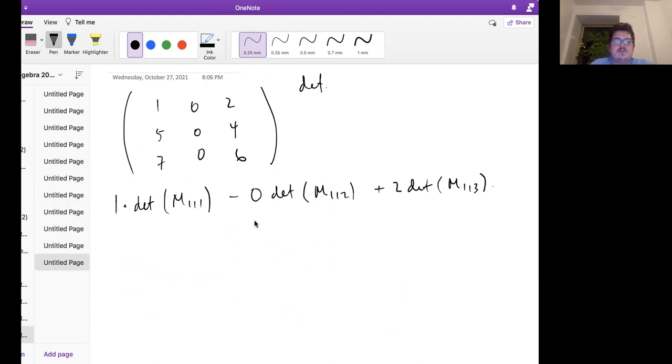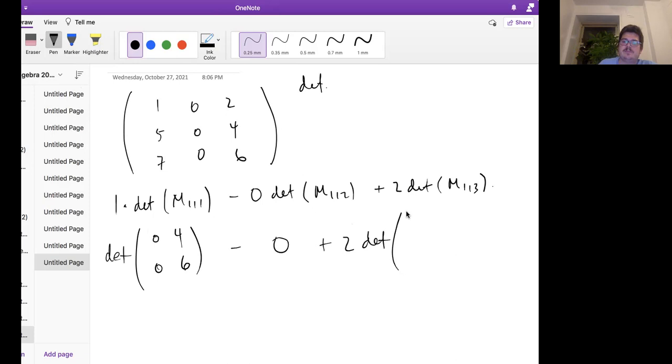Okay, so what's M11? So minus 0. And what is M13? Oh, M12, it doesn't really matter because we have 0 times it.